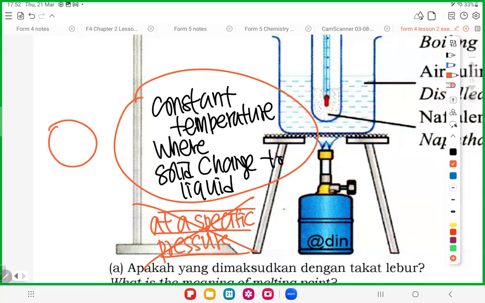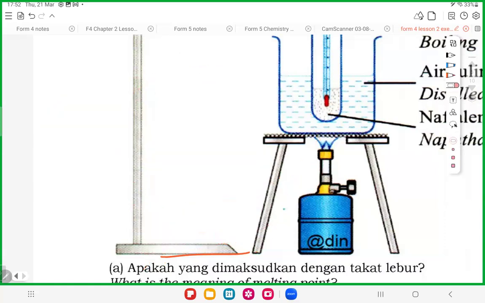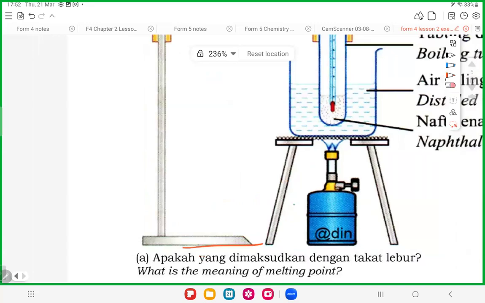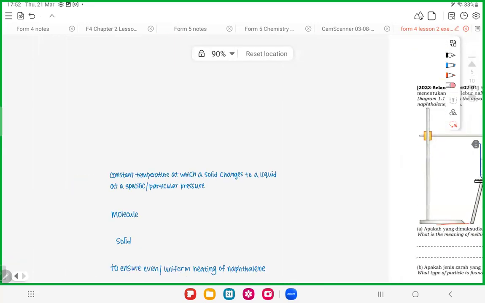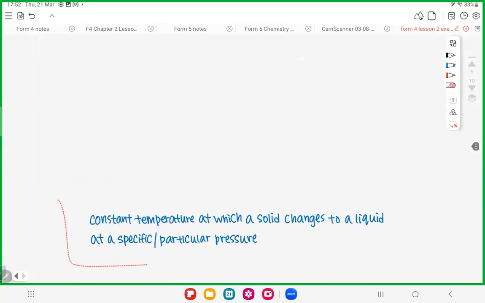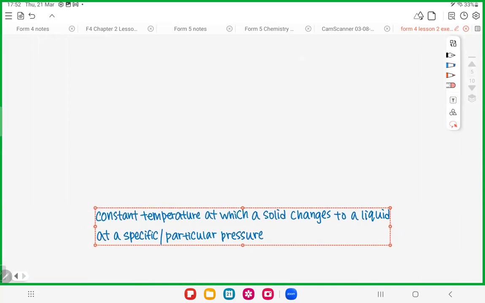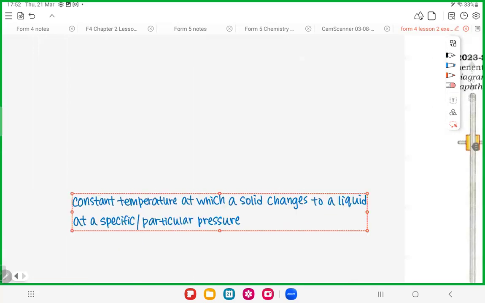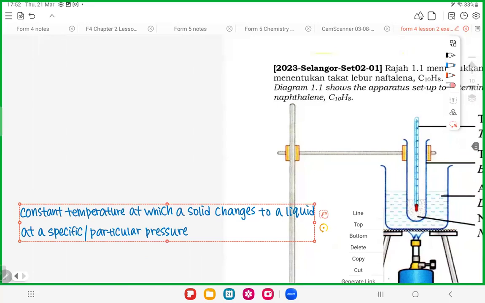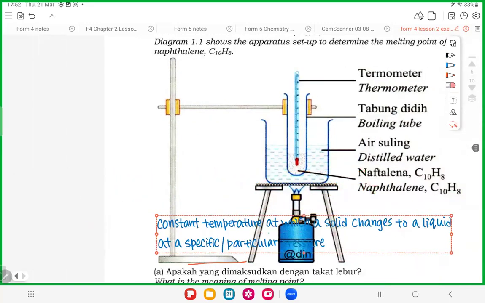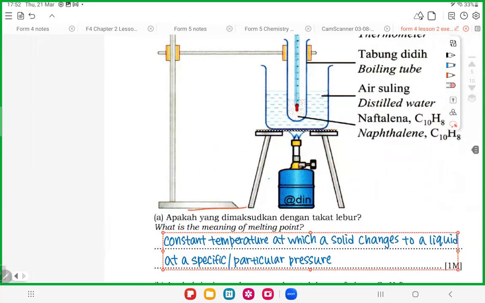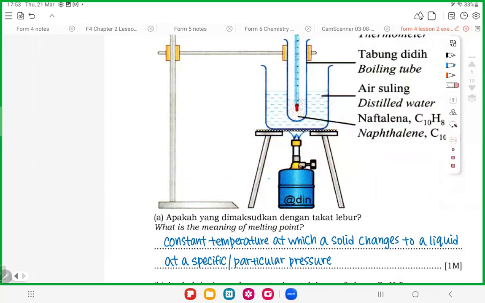No mark at all. I mentioned this last week already. Melting point is a constant temperature where solid changes to liquid at a specific pressure. If you don't want to say specific pressure, you can say a particular pressure. Particular or specific, they are the same.